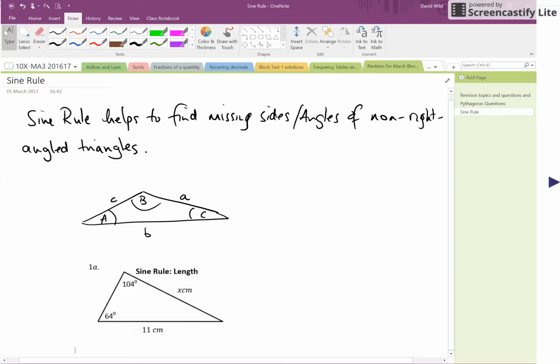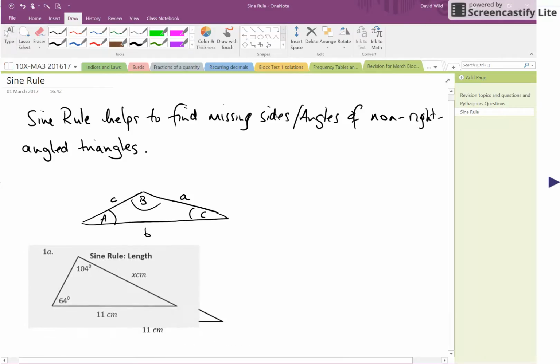So here's an example of finding a length with the sine rule. Now, if we're finding a length, it's helpful to remember the sine rule for lengths.